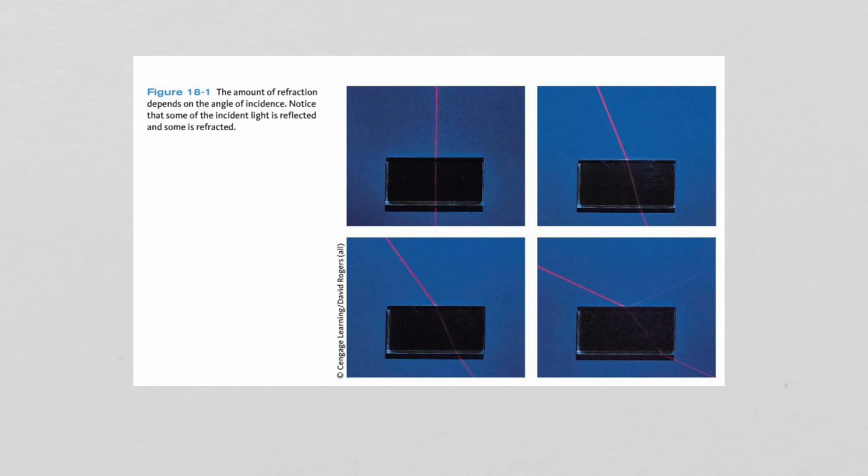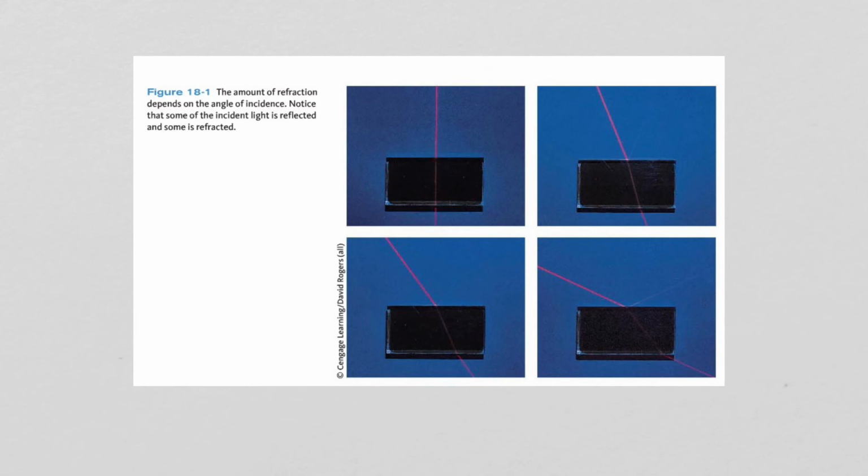So the amount of refraction depends on the angle of incidence. For example, if the incident light ray is perpendicular to the boundary between the two media, air and glass, then the light ray is going to go straight through the second medium and back into the first medium without any refraction.